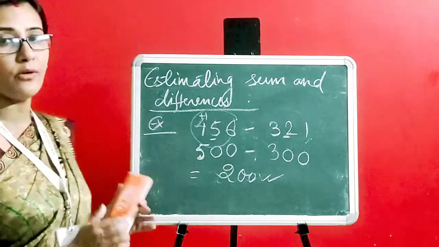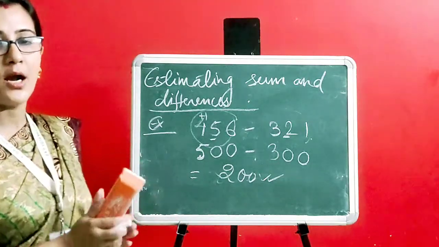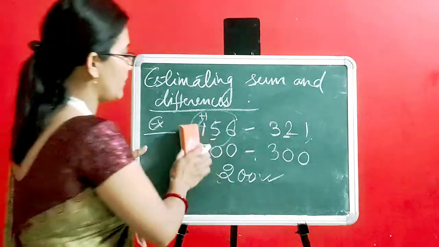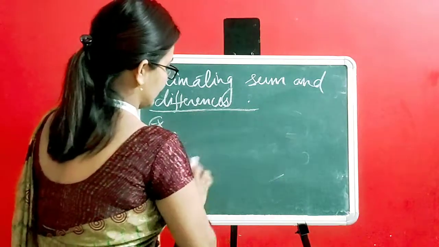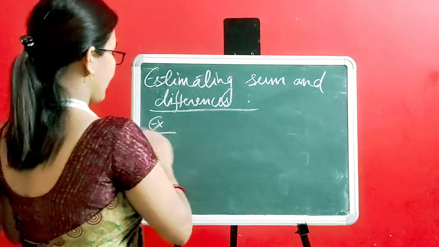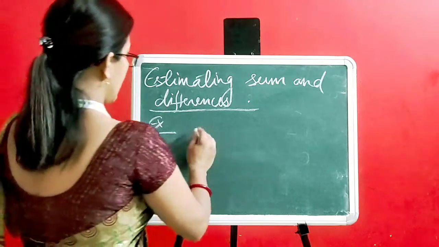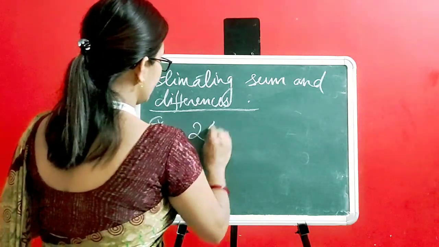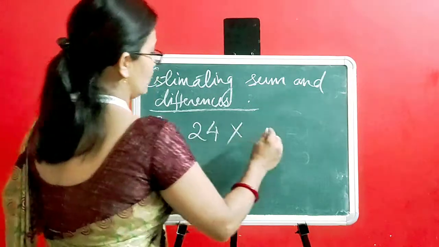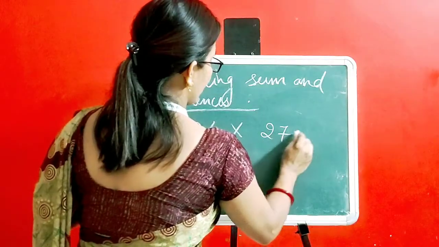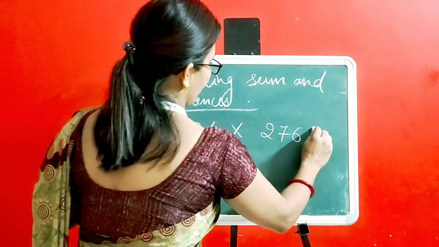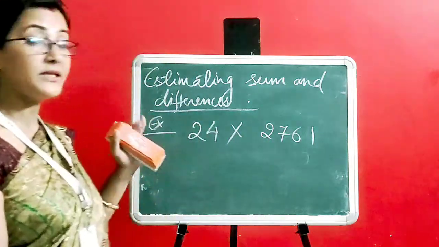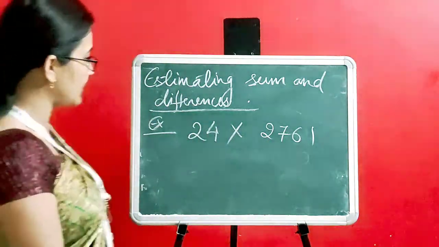Okay. Now next we will see estimating for products. Suppose here our example is 24 into 2761. What will you do here? Try to understand.